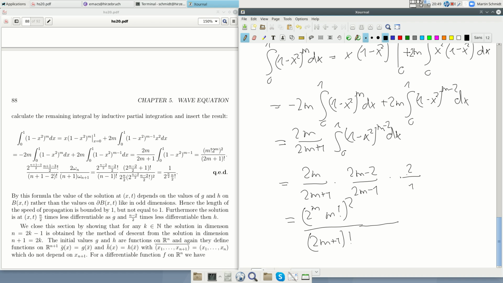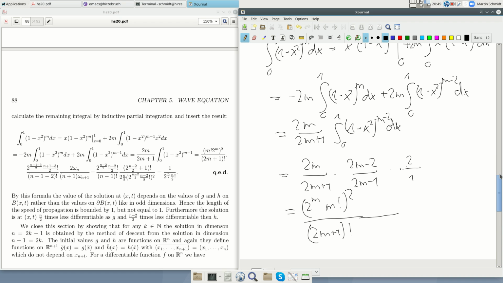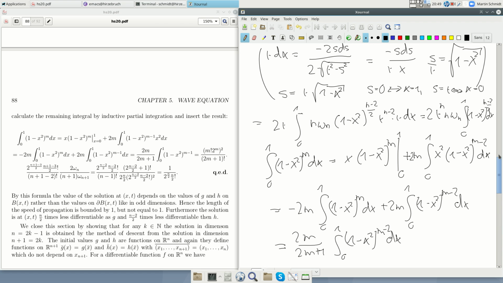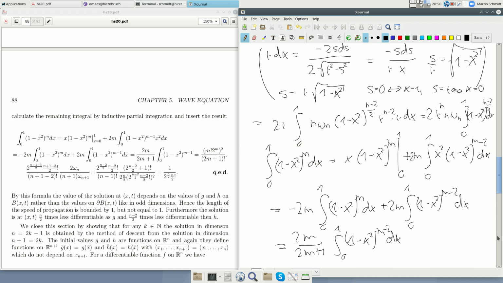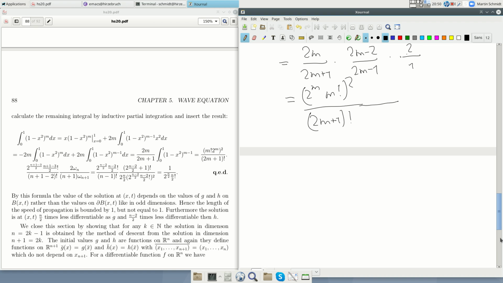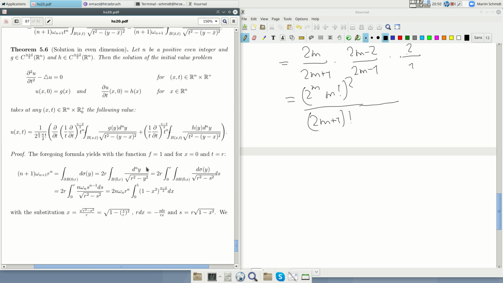So what does this mean for our formula before? If we look at this formula here, what do we then see?